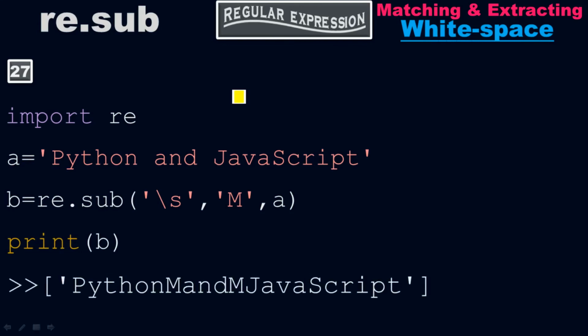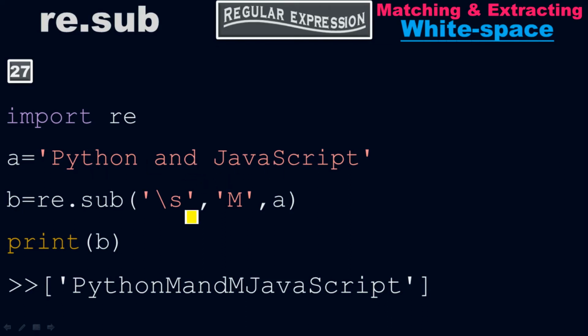Now look at here, as I told you, we are dealing with a white space. I'm going to substitute some value at the place of the white space, because this backslash with the small s is for the white space. We are matching the white space here. We are only concerned with the white space. We have nothing to do with the Python, nothing to do with the and, nothing to do with the JavaScript.